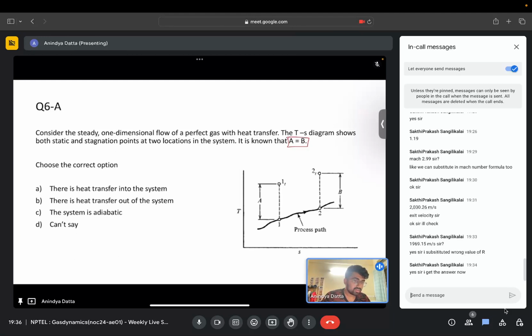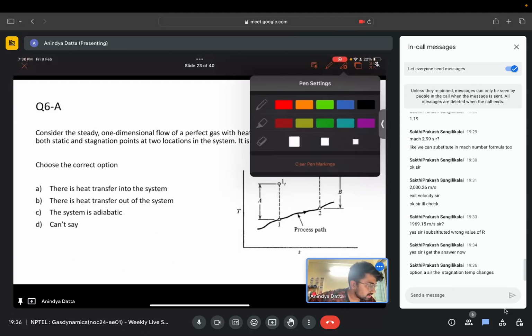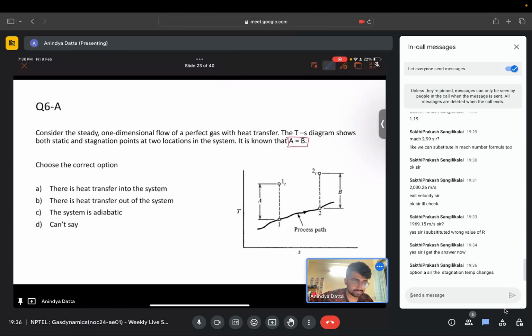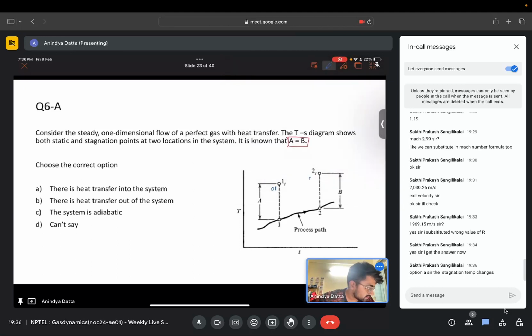What can you infer from this TS diagram? For consistency in notation, I will write this as 01, because this is taken from a different book where stagnation states are represented by a subscript T. So this is 01 and 02.